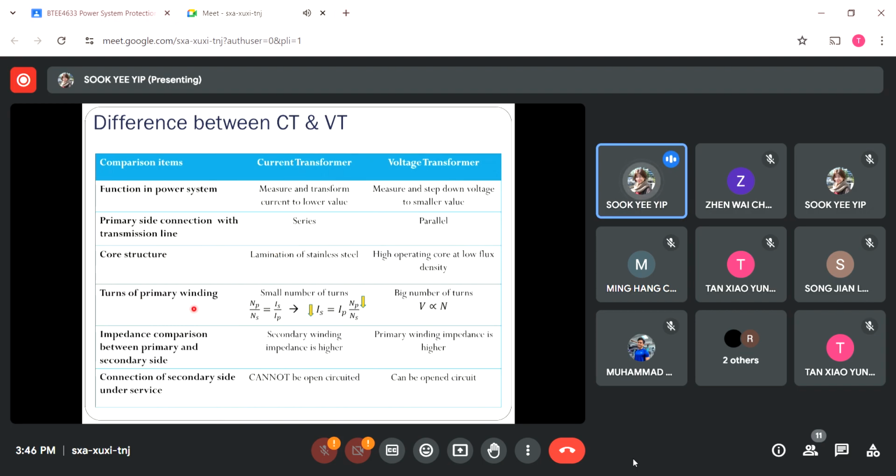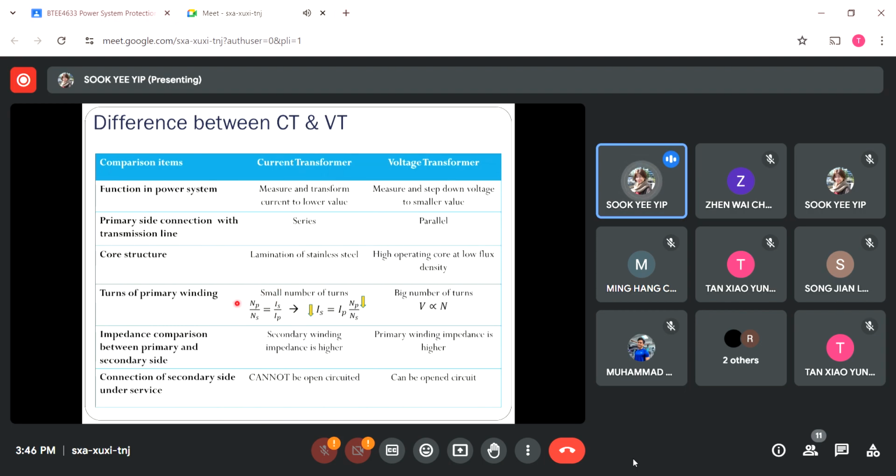How about in terms of the number of winding turns at the primary side? For the current transformer, you will notice that the primary winding has fewer turns. How do I know this? We know that the current transformer fulfills the principles of any standard transformer, so it will satisfy the ampere-turns ratio, whereby both the primary side and secondary side are the same.